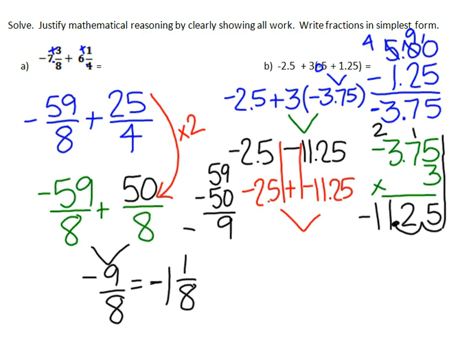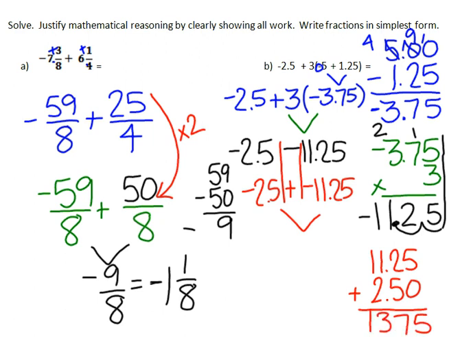Don't confuse this with your multiplying and dividing rules. So I'm just going to add them up, 11 and 25 hundredths plus 2 and 5/10, or 50 hundredths. And it's a negative plus a negative, so the final answer is negative. So negative 13 and 75 hundredths for part B.